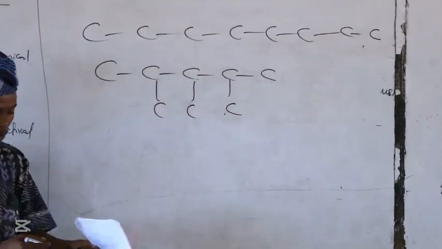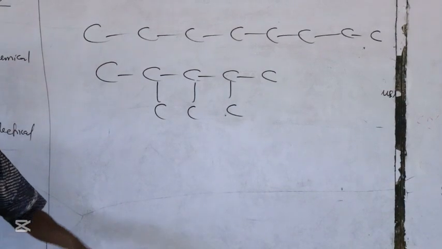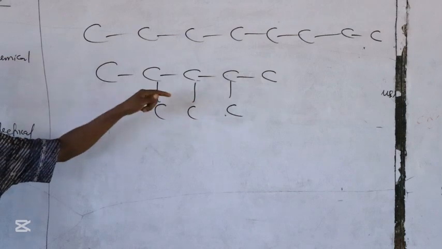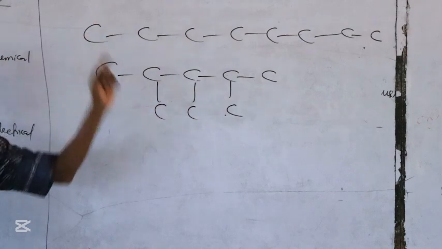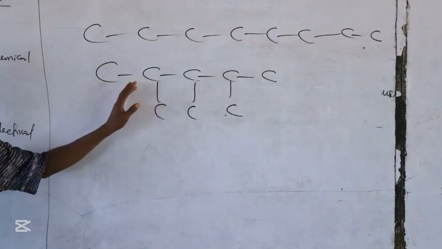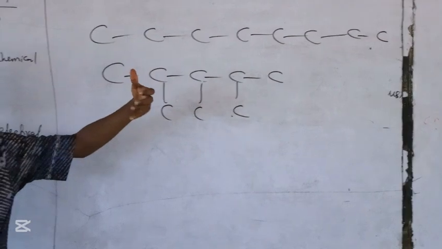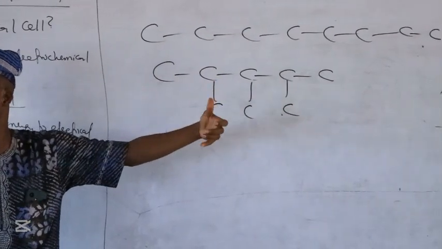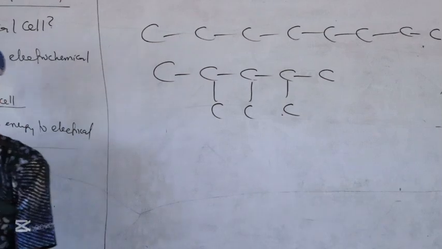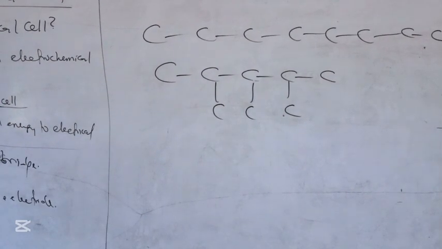As you are reducing the long chain to branch chain, you are carrying out reforming. And this is what we refer to as octane number. You want to know how good the quality of the petrol is. You carry out reforming. The more the branches in the hydrocarbon, the better the quality of the hydrocarbon.